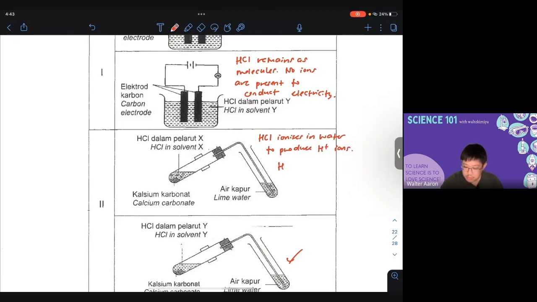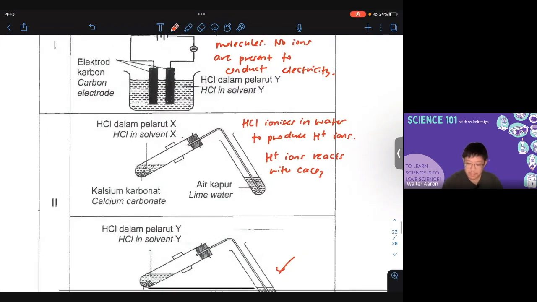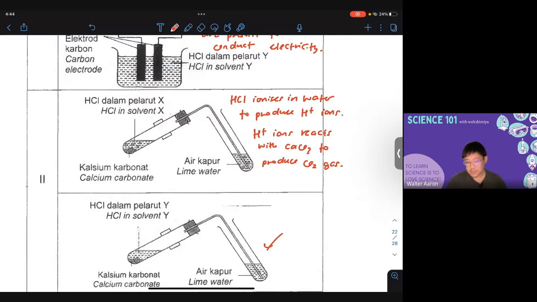So you see here, the H+ ions react with calcium carbonate to produce carbon dioxide gas. So lime water turns cloudy.